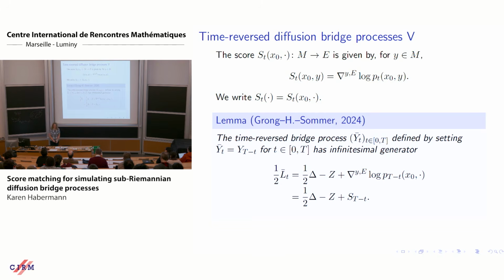And then we have this score appearing, which is the gradient of the log of the heat kernel. So the aim is going to be to simulate our bridge processes.